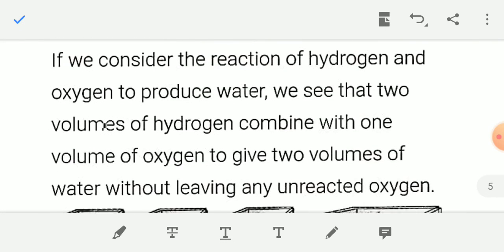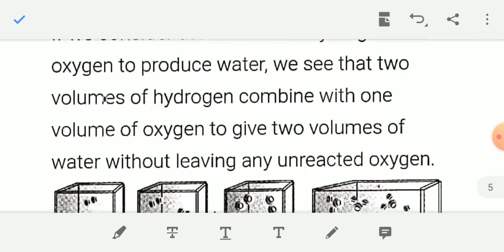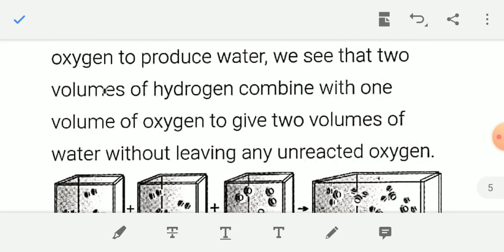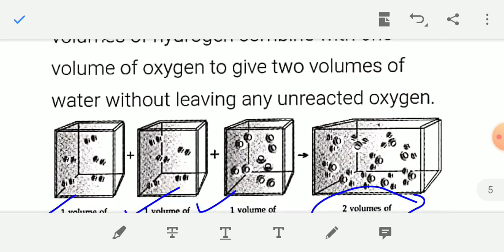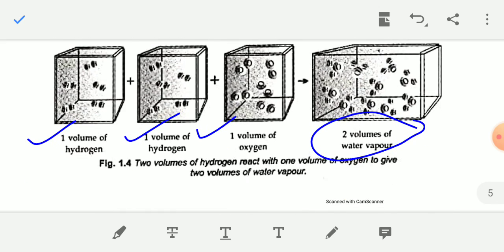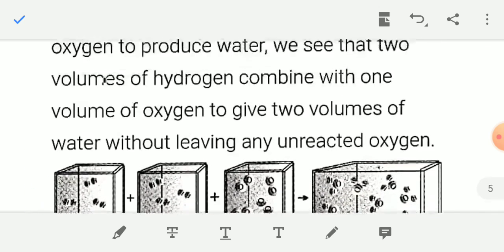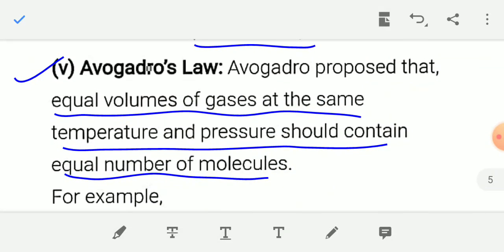If we consider the reaction of hydrogen and oxygen to produce water, we see that two volume of hydrogen combine with one volume of oxygen to give two volume of water without leaving any unreacted oxygen. That means equal volumes, according to Avogadro's law, you can say equal volumes of gases at the same temperature and pressure should contain an equal number of molecules.